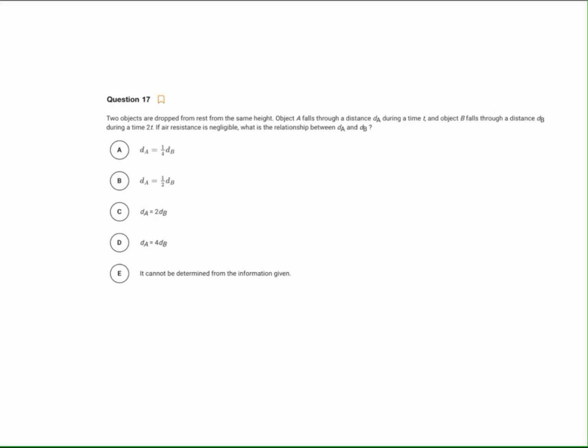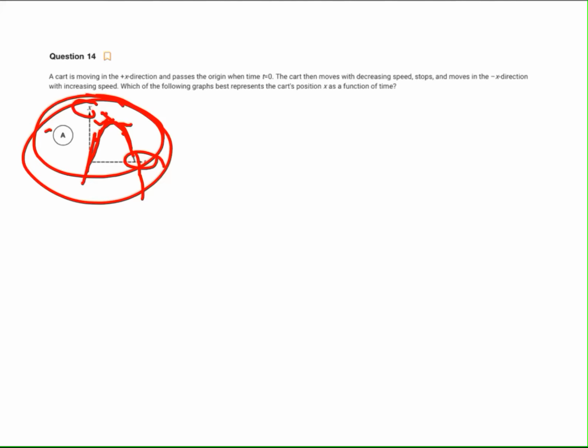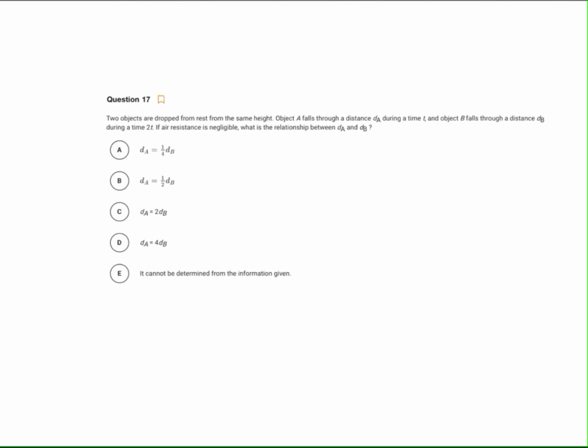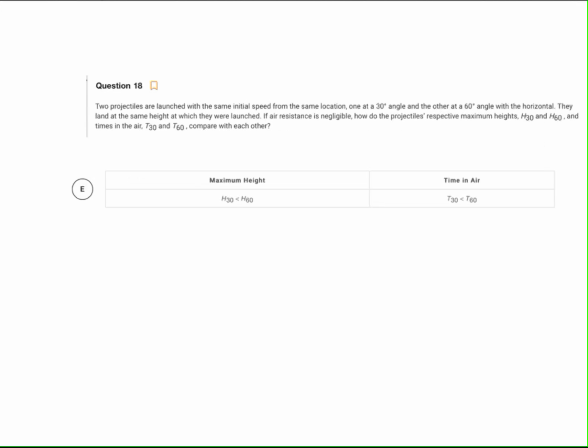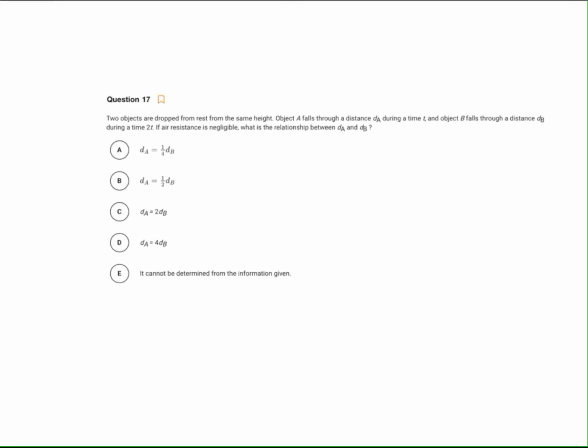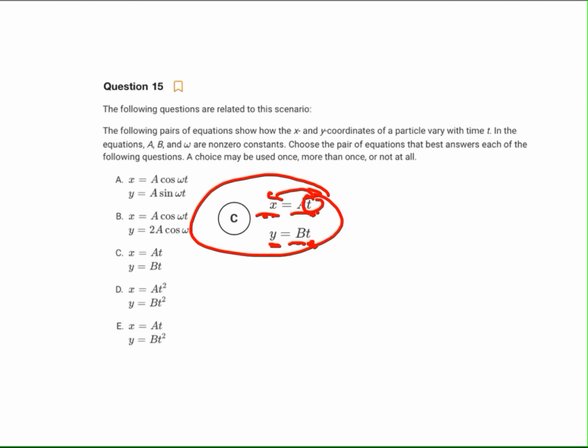Next one. But there's more than one of these. I somehow skipped 16. Well, no bother. 16 was very similar.